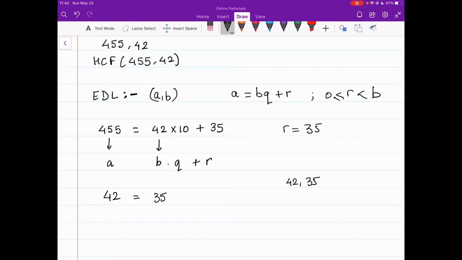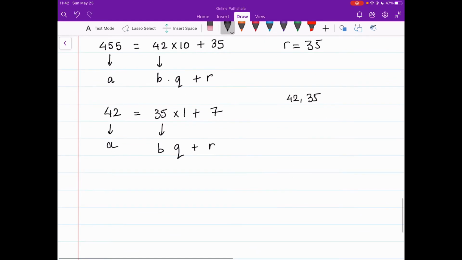So this is our number A, this is number B, and we need to find Q and R. 42 equals 35 times 1 plus 7. The new pair of numbers that we now have is 35 and 7, and the remainder, as you can see, is 7.